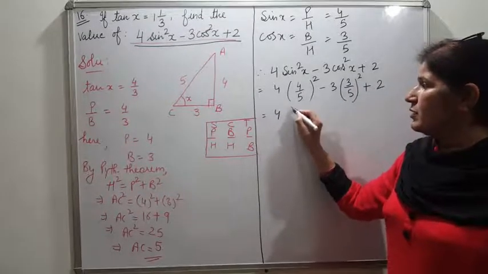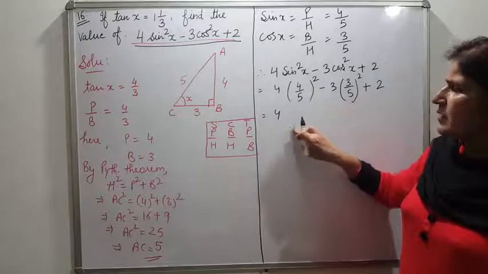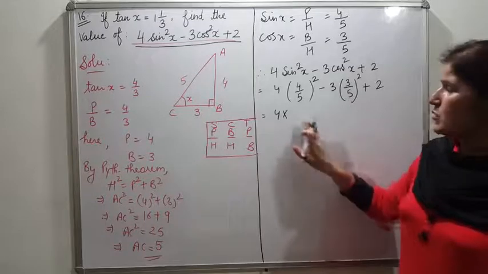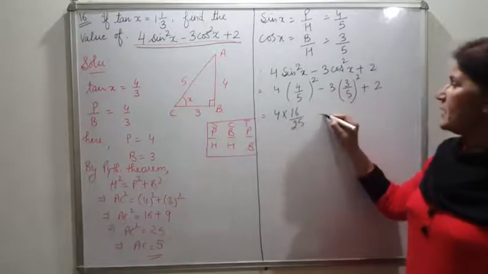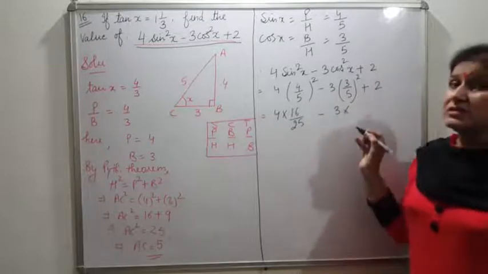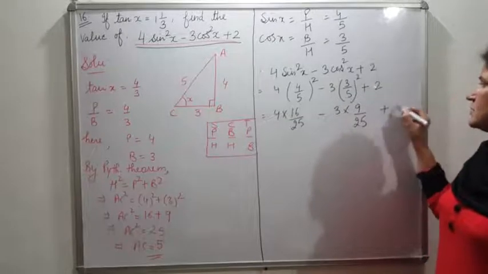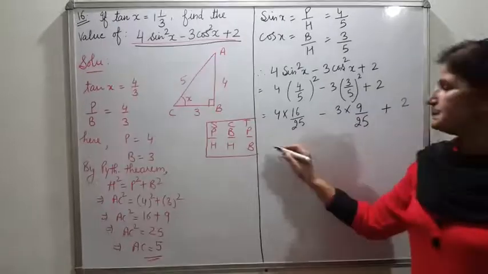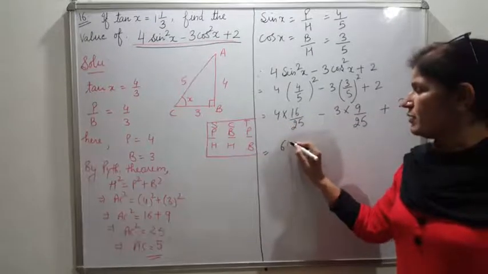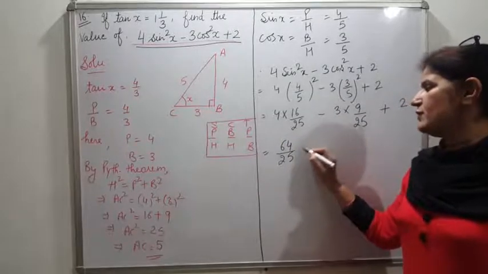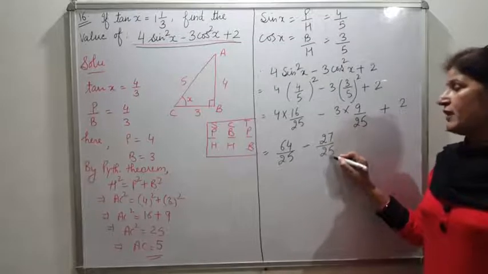Now 4 into square of 4 is 16. You can use brackets, otherwise you can just take the multiplication sign also. 16 upon 25 minus 3 into square of 3 is 9, square of 5 is 25, plus 2. This 2 is separate. Now we multiply 16 and 4. 16 4s are 64 upon 25 minus 9 3s are 27 upon 25 plus 2.